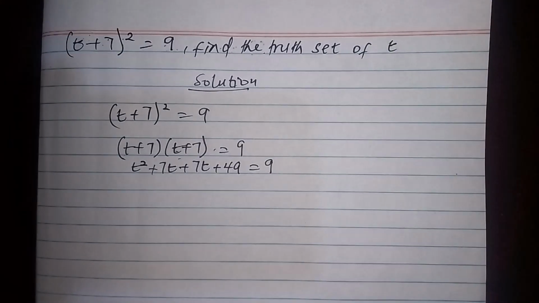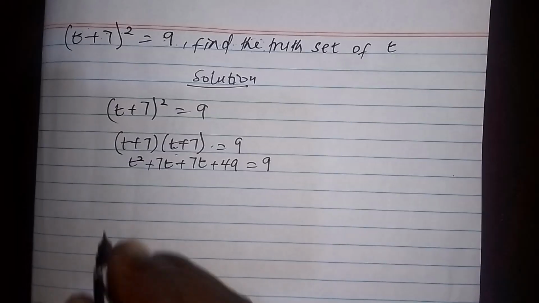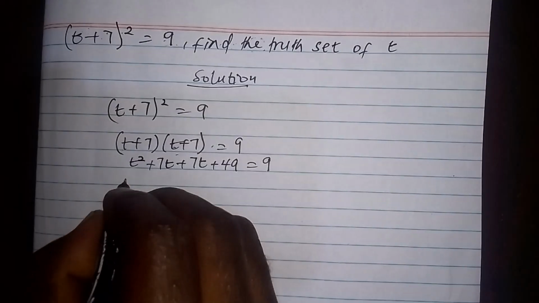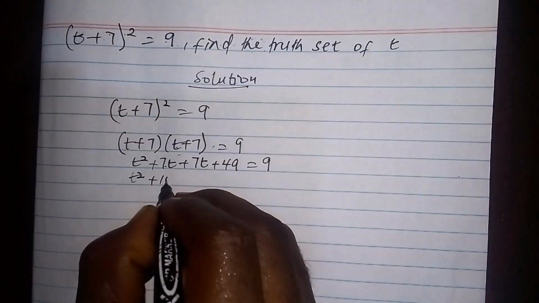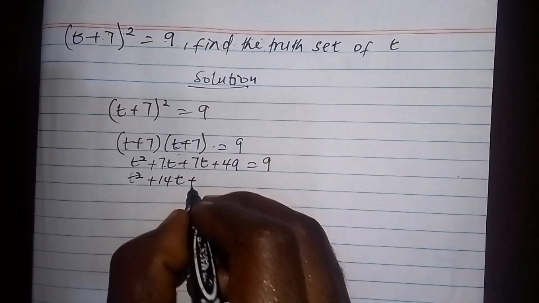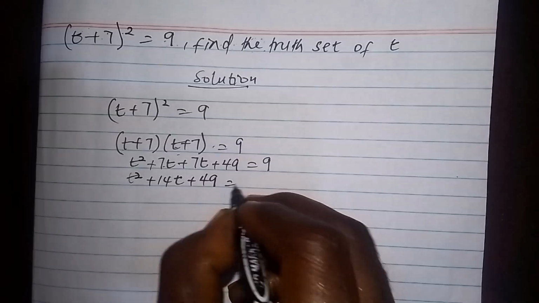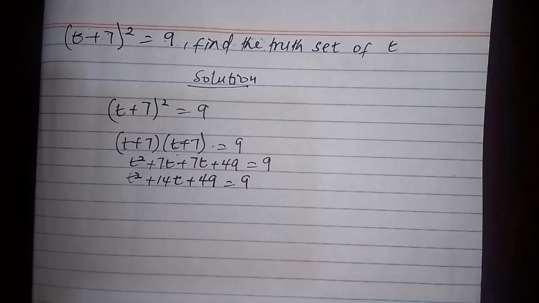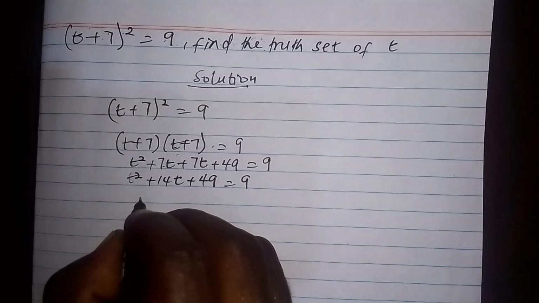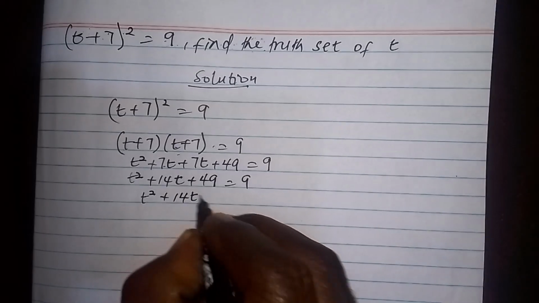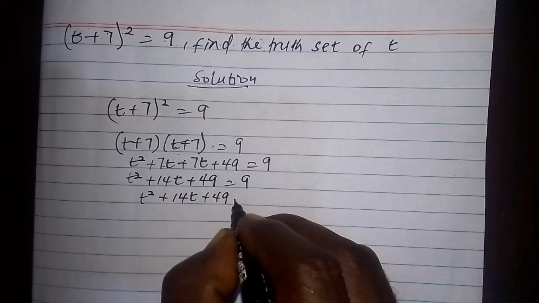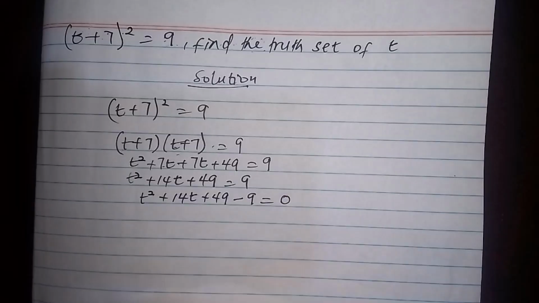From this, we are getting t squared, 7t plus 7t is 14t, plus 49 equals 9. We are getting a quadratic equation. Therefore, we move all the terms to the left-hand side of the equation, giving us t squared plus 14t plus 49 minus 9 equals 0.